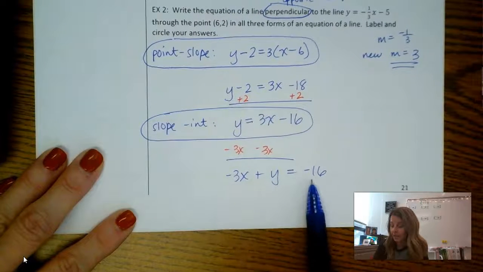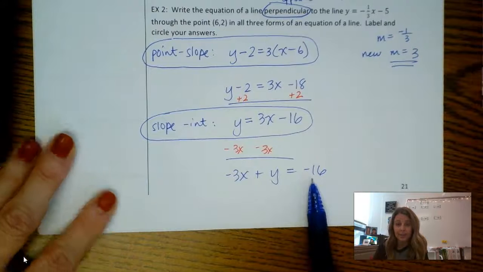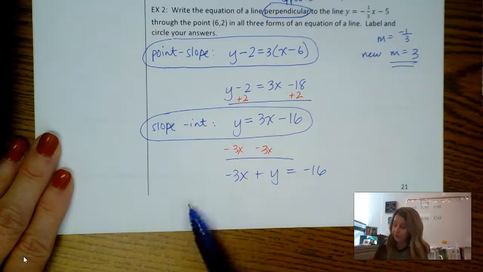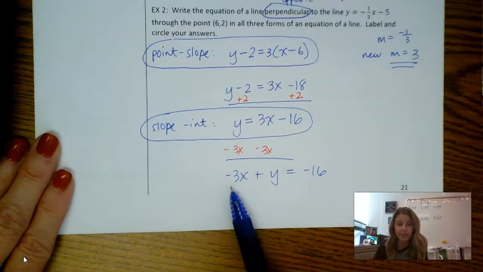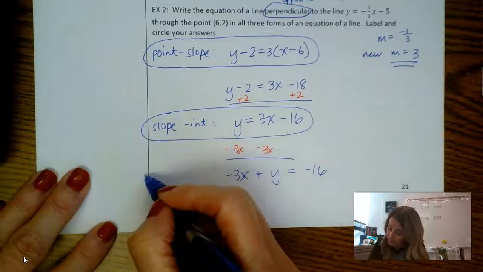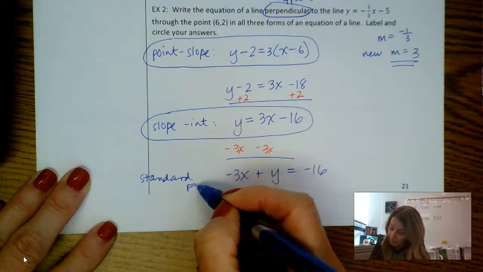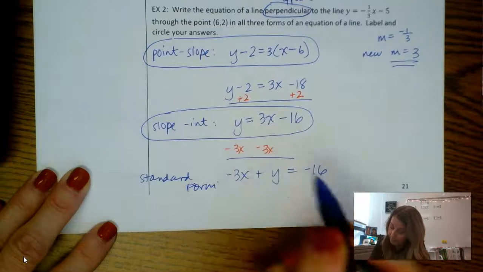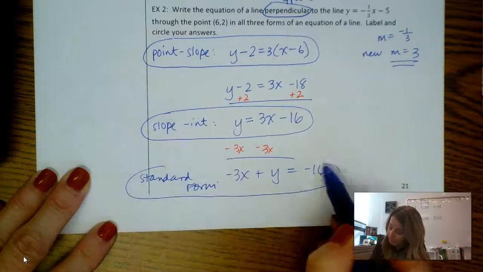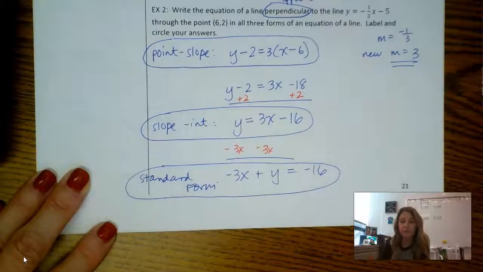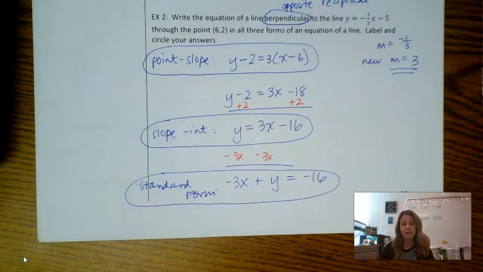And actually, those are all integers, so I can stop. I'm done. There's my standard form. I can leave it with my -3 here. That would be okay. If you already have whole numbers, there's no need to multiply through by anything because you have the values you need.